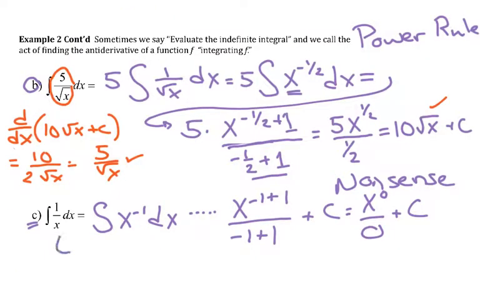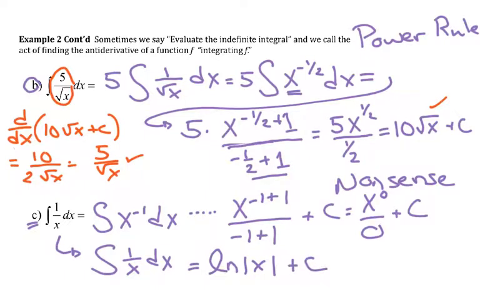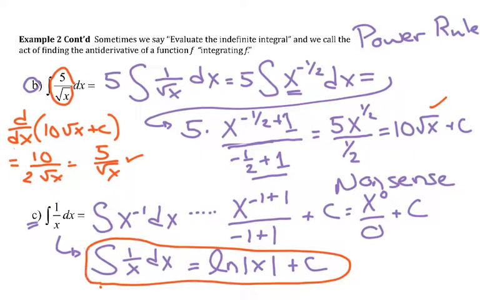So how am I supposed to evaluate this? You are supposed to remember what function has as its derivative 1 over x. That's the natural log. So you need to know this.